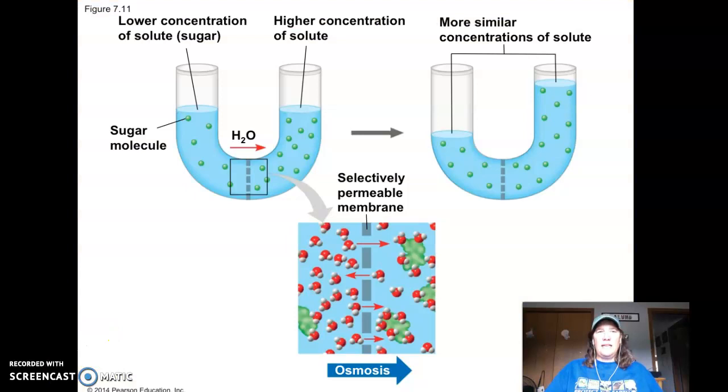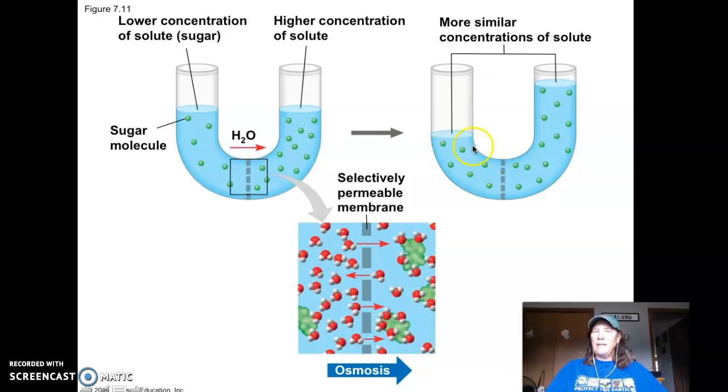Okay, here you can see we have sugar. You can see we have more sugar on this side than we do on that side. And then we have our membrane right here. So the natural thing is water is going to say, hey, we've got to dilute this. We want the same on both sides. So the water molecules are going to move across, okay? And they move both ways, but there's going to be more water coming this way than that way.